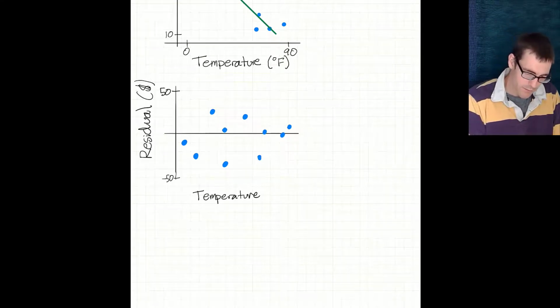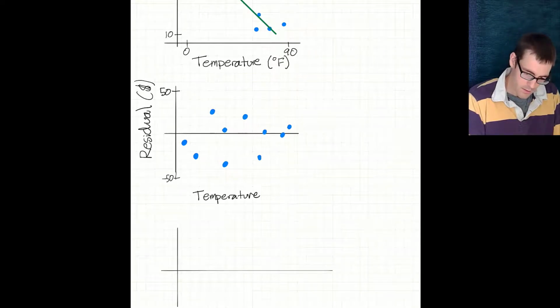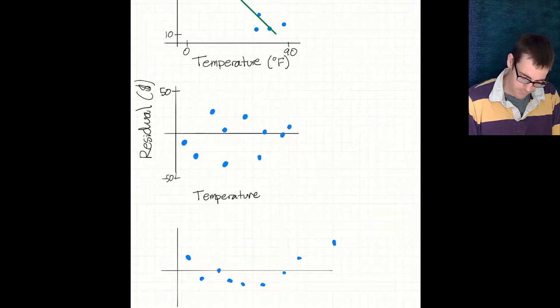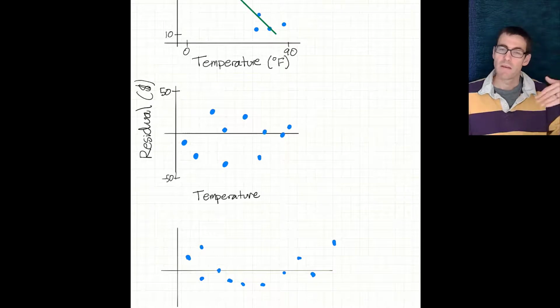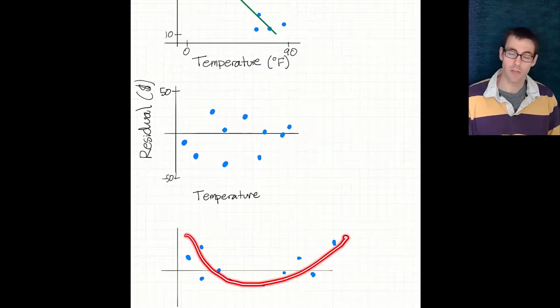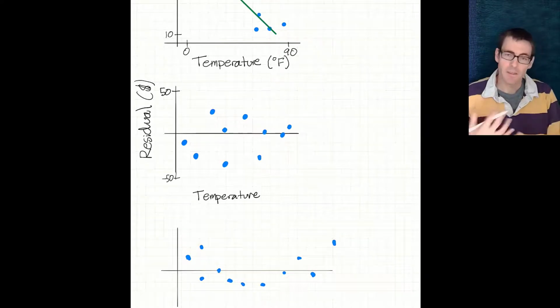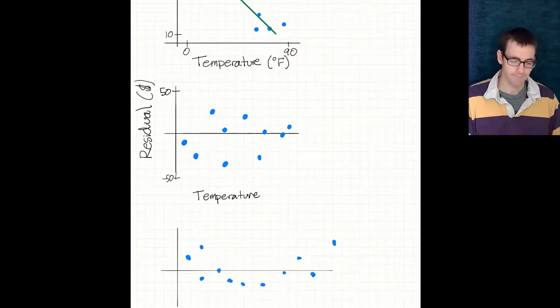So if instead of this, we had a residual plot that looked more like this, then this would be an indication that our data set maybe wasn't a straight line to begin with. If there is some sort of pattern, in this case sort of U-shaped, it's typically easier to spot with a residual plot.